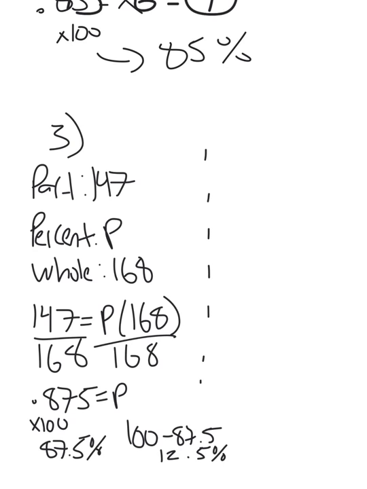Now another way we can think of this problem is in a different way. We can also use the equation 21 equals p, because we're trying to find the percent, times 168. Now if you're wondering where the 21 came from, well, notice he scored 147 points in the regular season. The question asks us what percent of these points came in the playoff game?